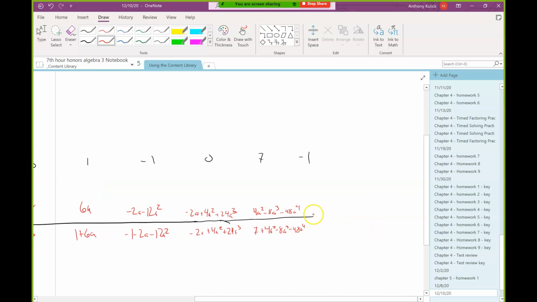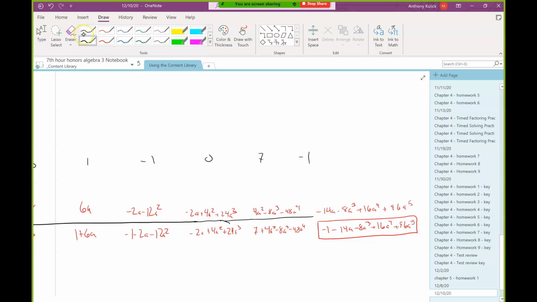And then one more time, multiplying by -2a. Oops. And add down. There you go.